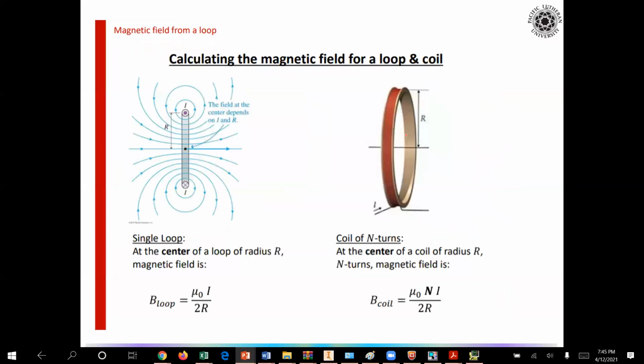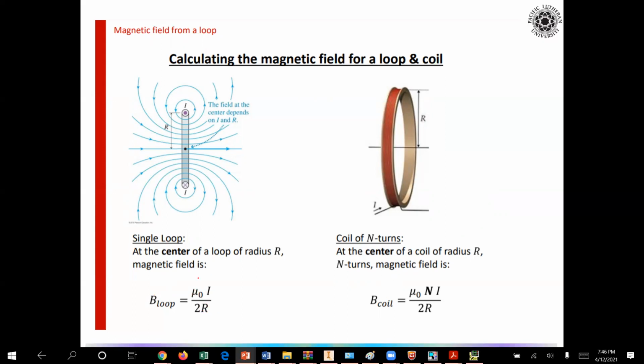Now to find the formula for the magnetic field, in our case we have just the radius of the circular wire, R. The magnetic field of the loop has the formula mu times I divided by 2R, with R the radius of the circle.